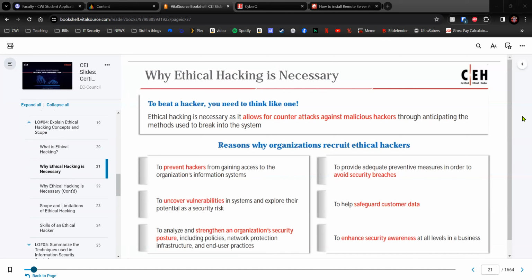So, reasons why organizations recruit ethical hackers: to prevent hackers from gaining access to organizations' information systems, to uncover vulnerabilities in systems and explore their potential as security risks, to analyze and strengthen the organization's security posture, including policies, network protection, infrastructure, and end user practices, to provide adequate preventative measures in order to avoid security breaches, to help safeguard customer data, and to enhance security awareness at all levels in a business.